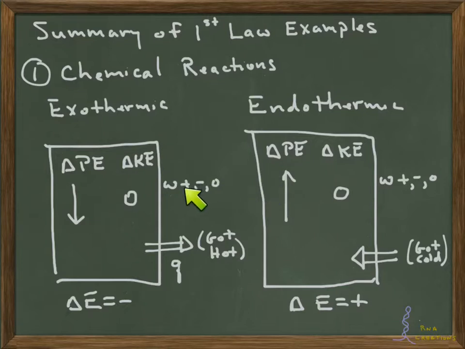Work in these cases can be positive, negative, or zero. It depends on the delta Ng for the particular reaction. Because delta E is the sum of Q and W, that's why I said for the exothermic reaction that the potential energy typically decreases. That's because the Q piece is typically much bigger than the W piece, as we saw in class.